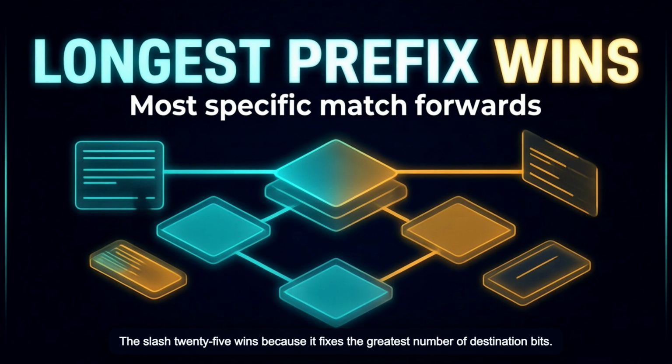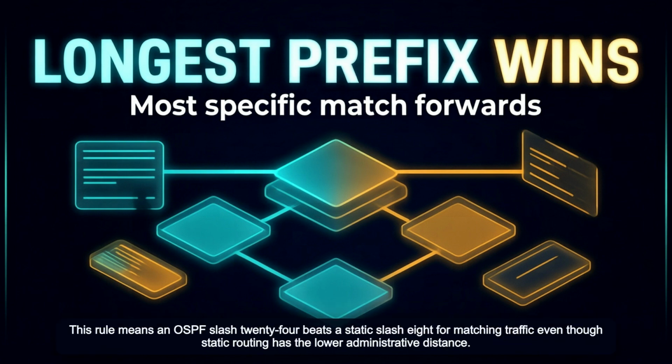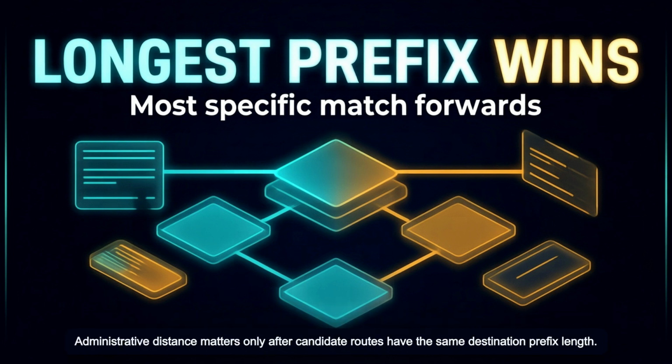The /25 wins because it fixes the greatest number of destination bits. This rule means an OSPF /24 beats a static /8 for matching traffic, even though static routing has the lower administrative distance. Administrative distance matters only after candidate routes have the same destination prefix length.